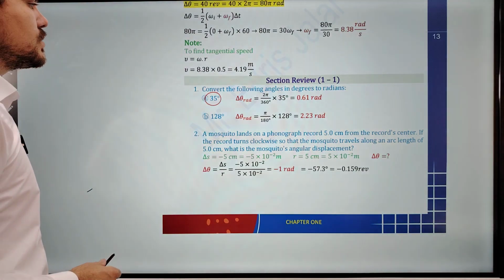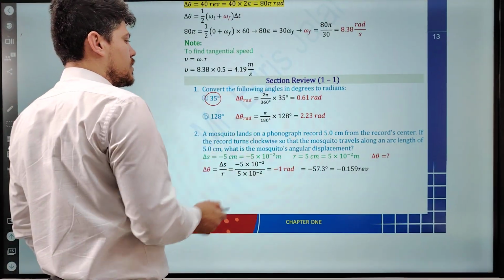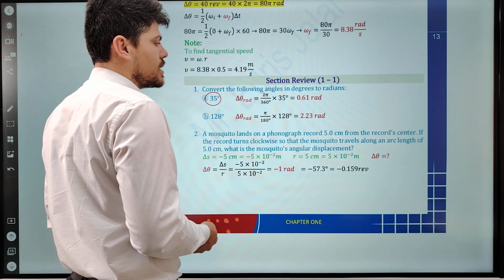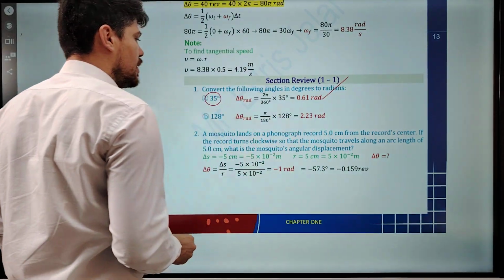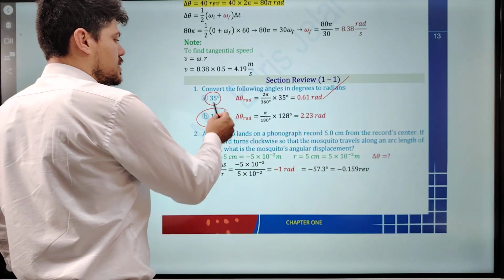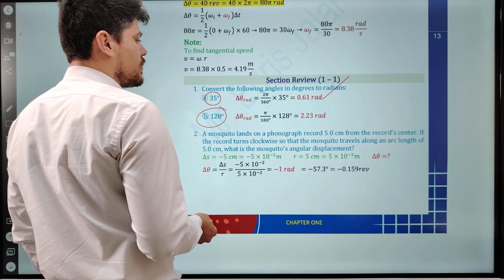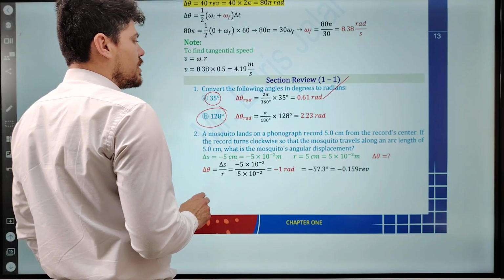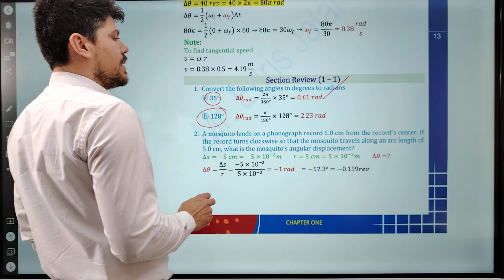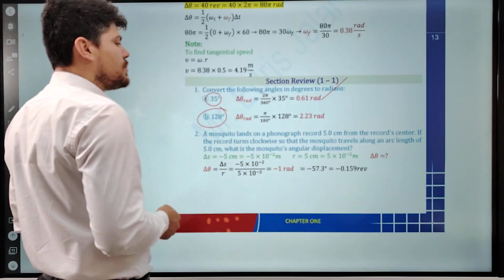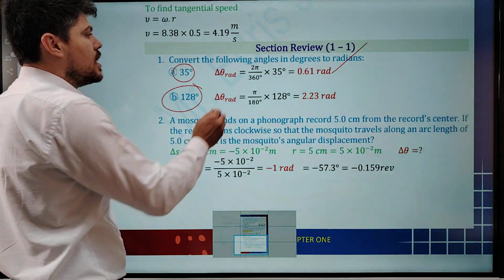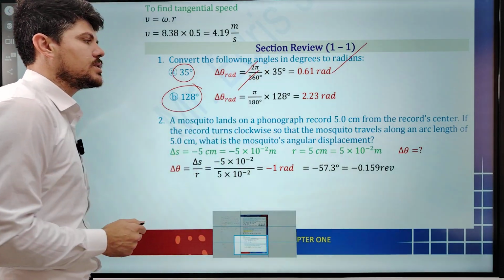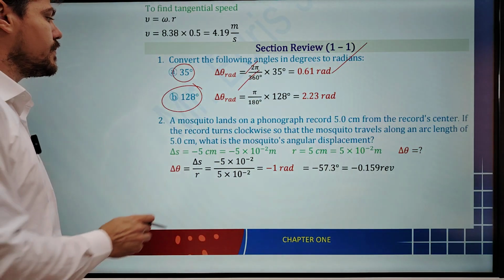Theta in rad, as I told you, is equal to 2 pi over 360, or you can say pi over 180, it is the same, times 35. In the second case, the same thing. Is it possible to multiply the angle in degree by 2 pi over 360 or pi over 180? It is the same thing, because the 2 will cancel with the 360 to give 1 over 180.